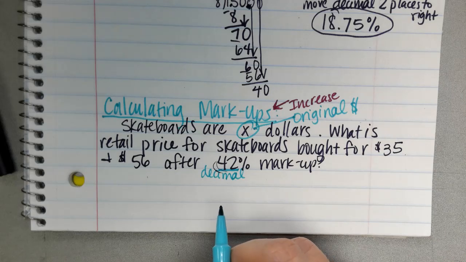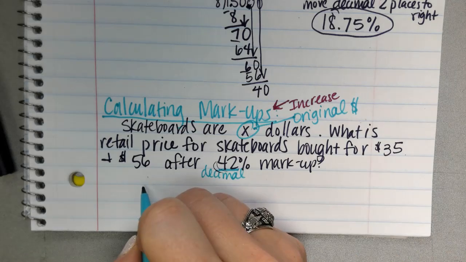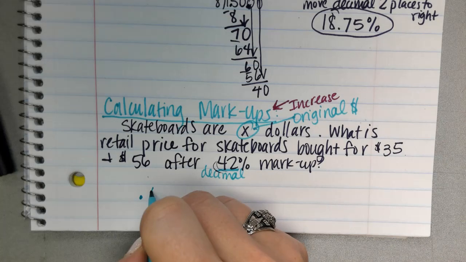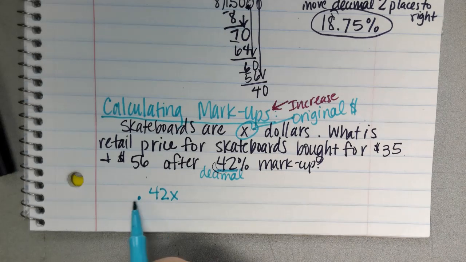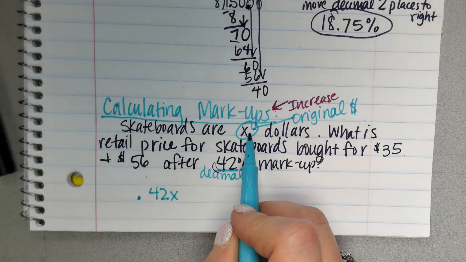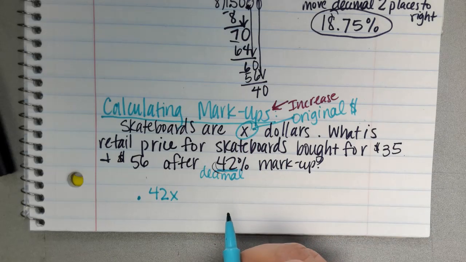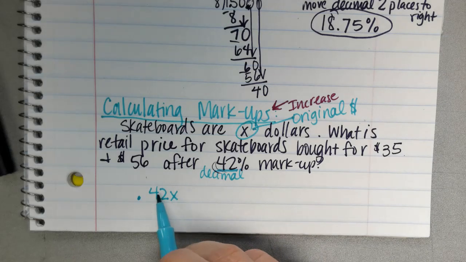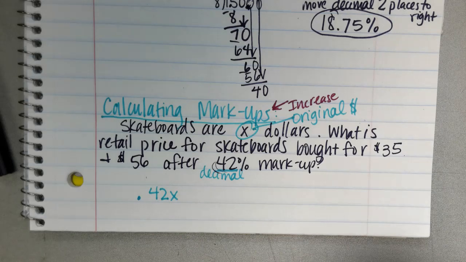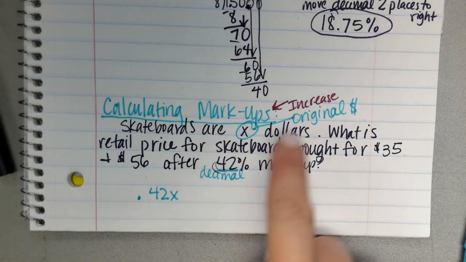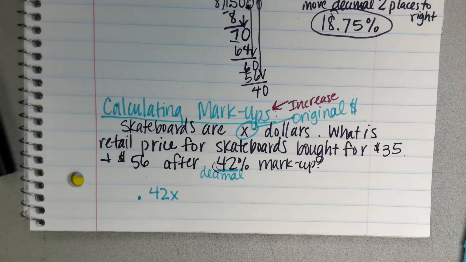So our formula would be 0.42x, 42% times the amount we're trying to figure out. That's what we're really trying to figure out.